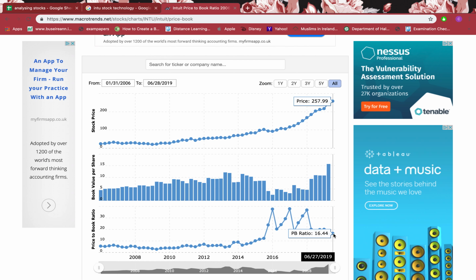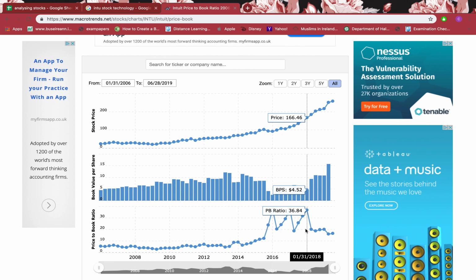So that means the stock is quite expensive right now, because the price is more than the book value, so you're paying 16 times more if you buy the stock right now. It's that expensive, but its worth is not that much. If I have a look here, you were paying 18 times more on 31st of July 2018.